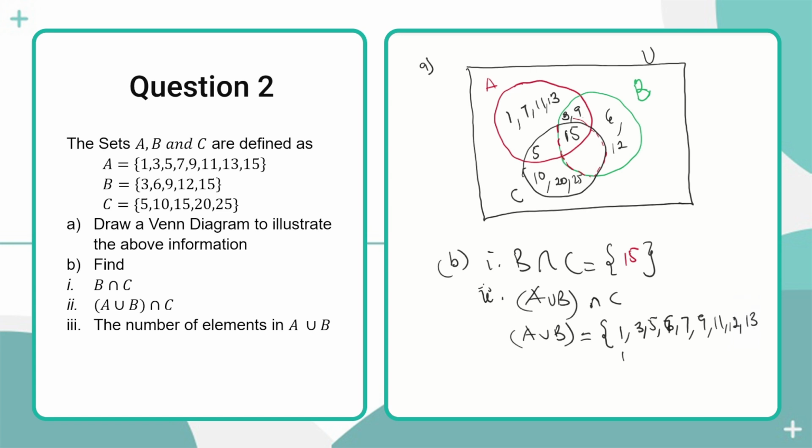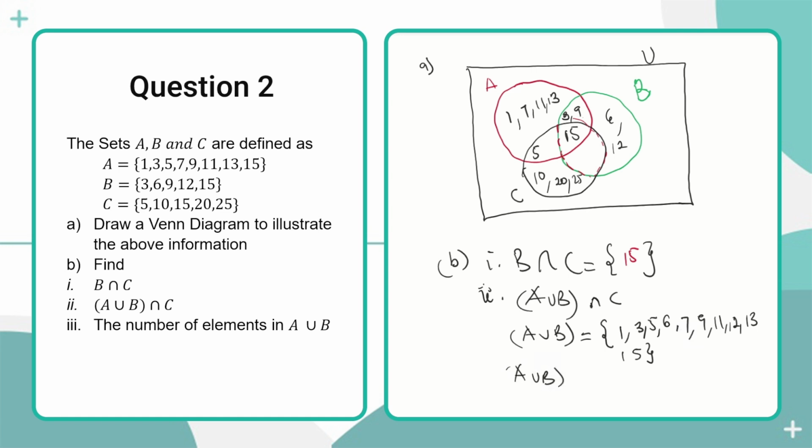So we have our 6, right? So that is it. So these are the elements in A union B.